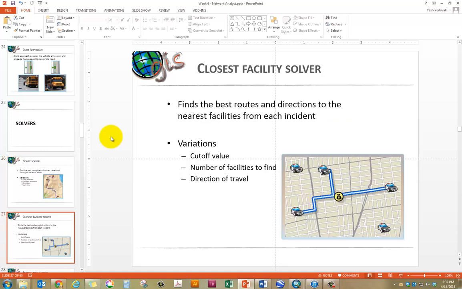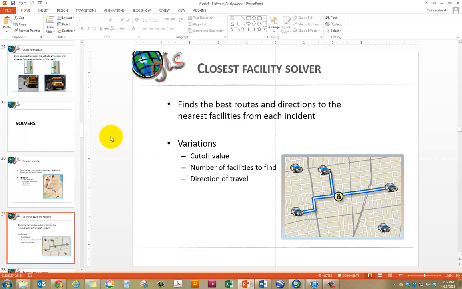And then there is the closest facility solver, which actually finds the nearest facilities from each incident. So if you are a 911 operator in this case, you can figure out who is the closest, who can get there fastest, which patrol car, and you can essentially allocate that case to them.